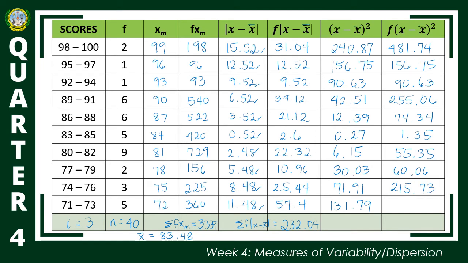And last, we have 5 times 131.79. So that is 658.95. Okay, so yan. Kompleto na ang last column.